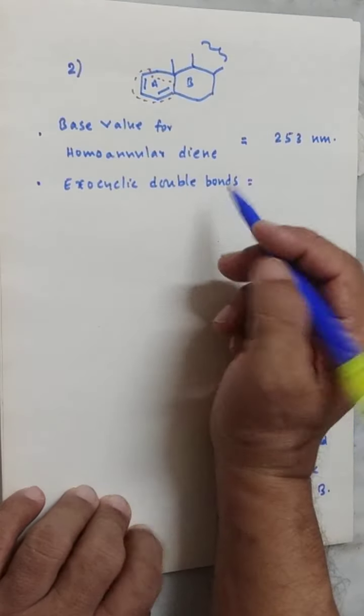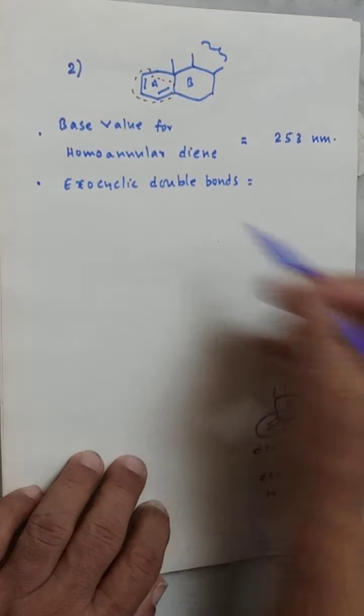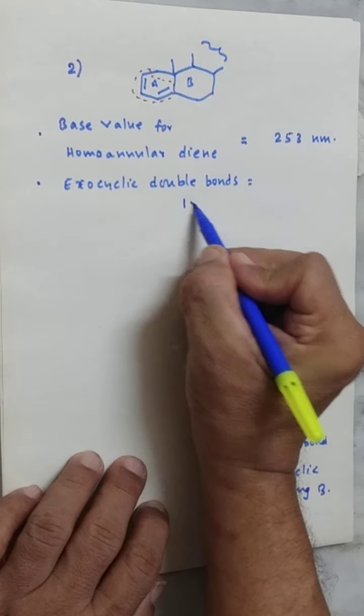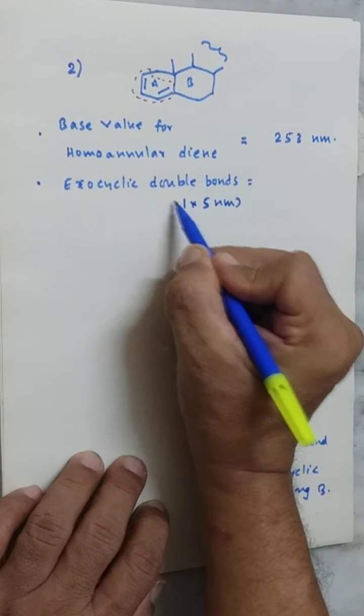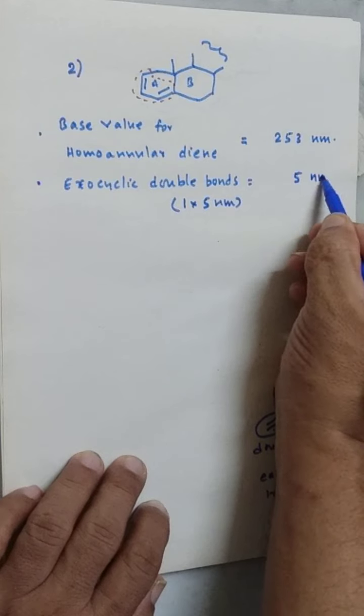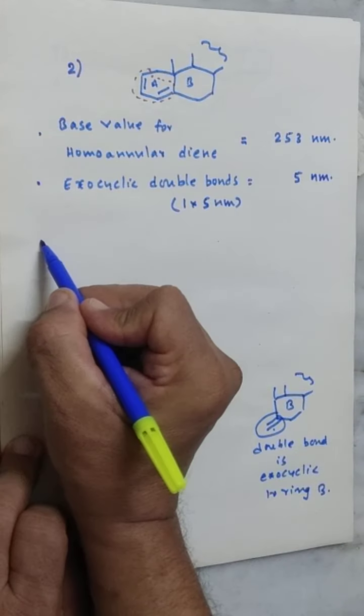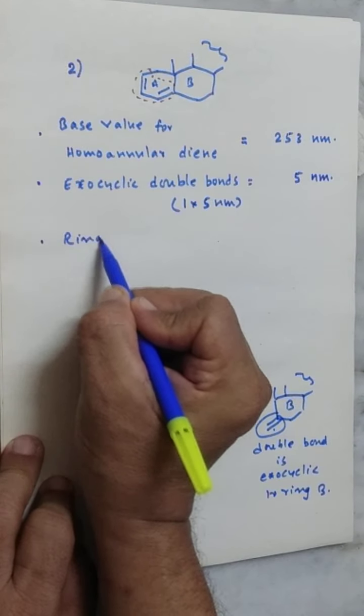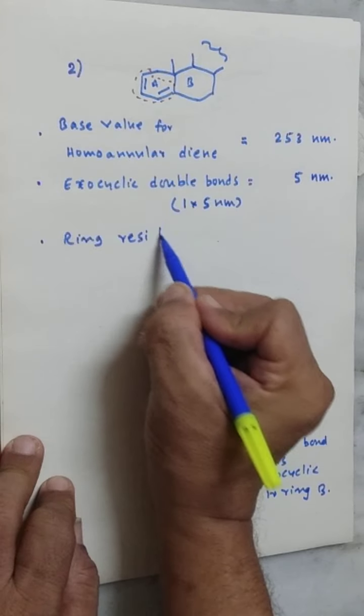For each exocyclic double bond, the value is 5 nanometers. So 1 into 5 nanometers is equal to 5 nanometers. Over. Then what you need to do, you have to calculate the ring residues.